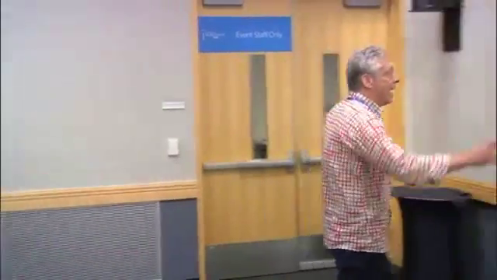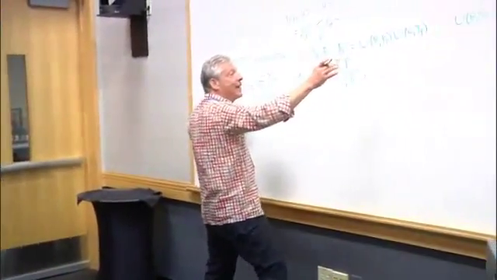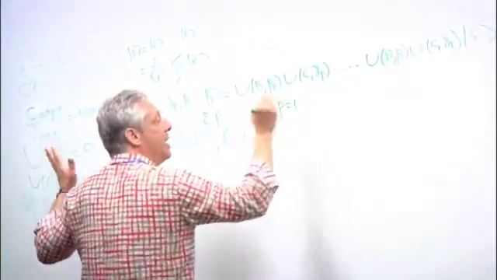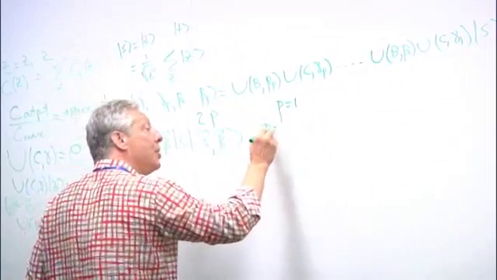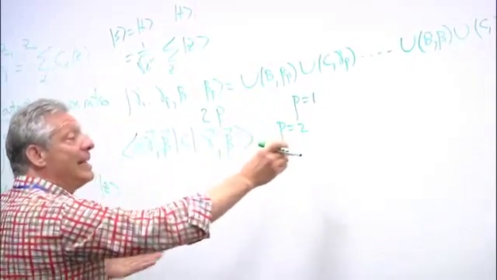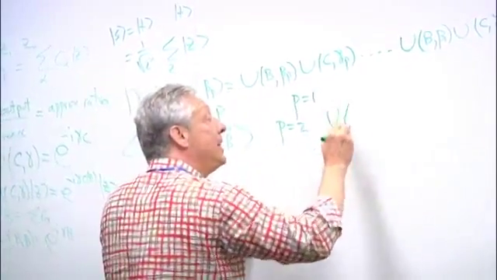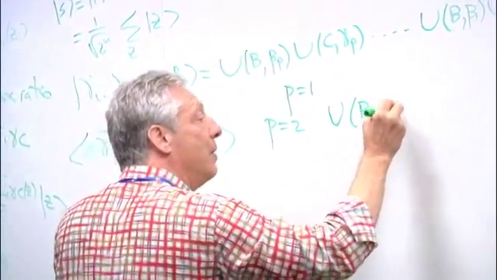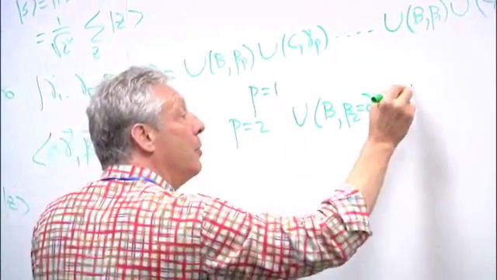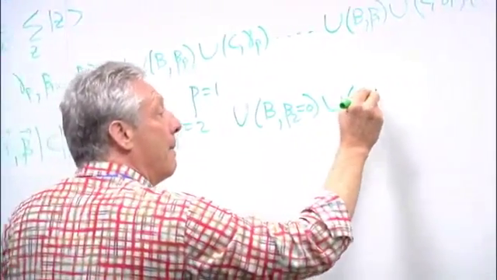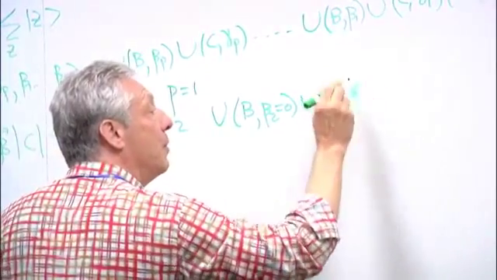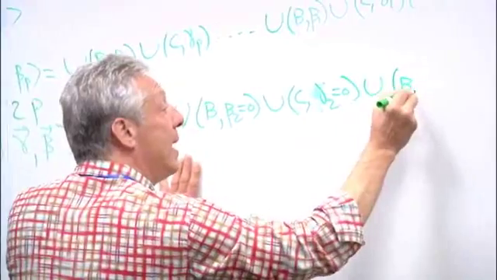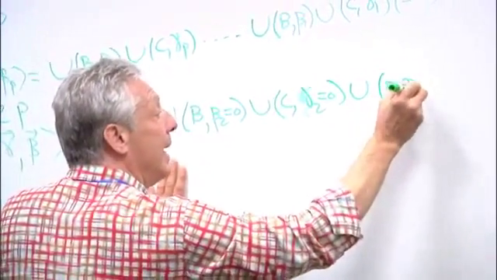Because if I fix my angles, let's say for p equals 1, if I look at p equals 2, well, p equals 2 is the same as p equals 1 with the angle 0 for beta 2 equals 0, U of C gamma 2 equals 0, and then I have U of B beta 1, etc.